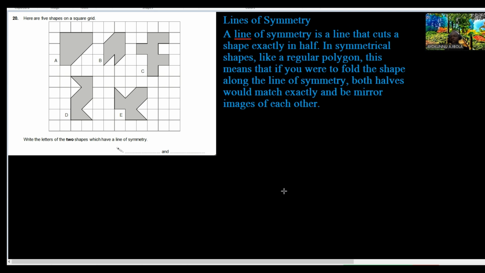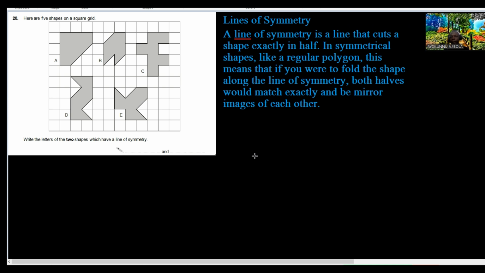There is a shape called A. There's another one, B. This is A. This is B. This is C, D, and E. So, which of the five shapes, which two have a line of symmetry? Can you think about it and pick?